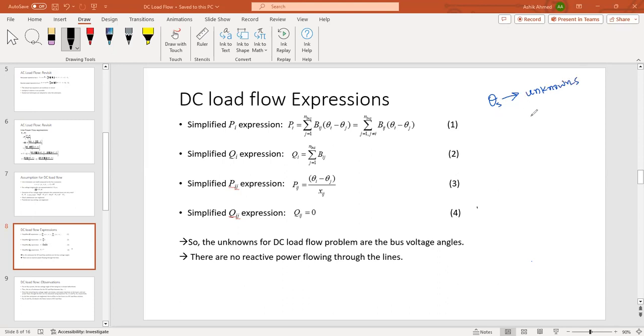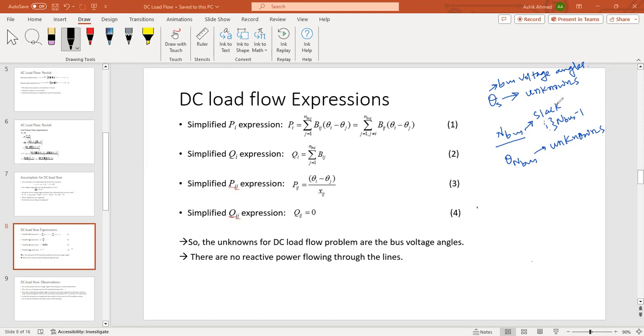Now, how many thetas will be there? Remember, theta is the bus voltage angle. So if we have n buses in the system, we should have n bus number of unknowns. Now among all these n buses, one of the buses is the slack bus, and the remaining are n bus minus 1.